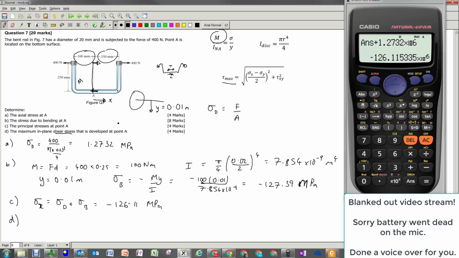But you could plug it into the equation and prove it for yourself. So when you plug it in, you'll get minus 126 take away 0, divide by 2, then square it, plus 0, and then we want to take the square root of that.